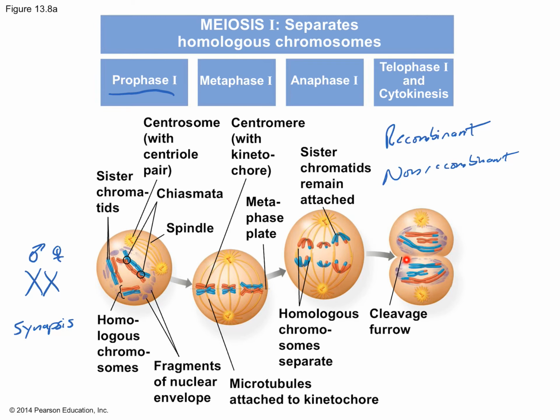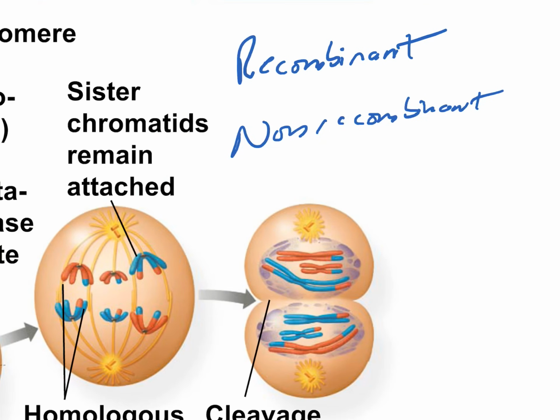Telophase and cytokinesis, we have a new nuclear membrane forming now around each distinct set of chromosomes. Cytokinesis begins with the cleavage furrow in the same way we saw it in animal cells in mitosis. All right. Now, if we zoom in a little bit, take a look. We have in this nucleus 1, 2, 3 chromosomes.